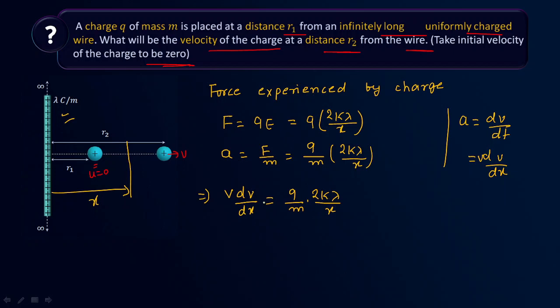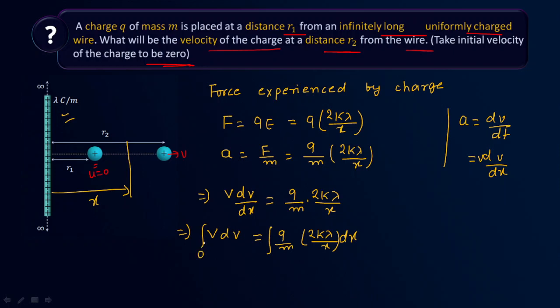Now x we can move to the right side and do the integration, right? So we have v dv equals q by m into 2k lambda by x dx, and do the integration on both sides.